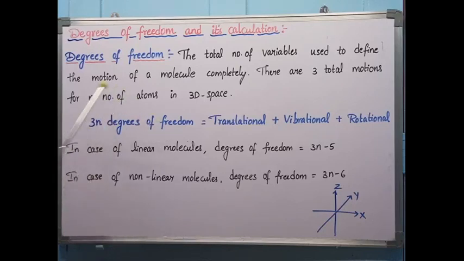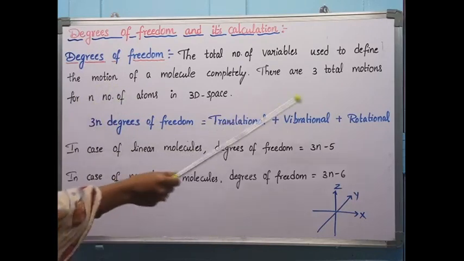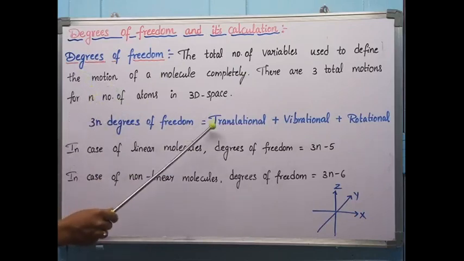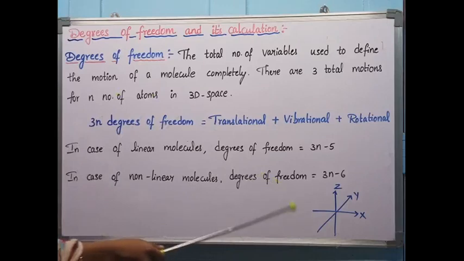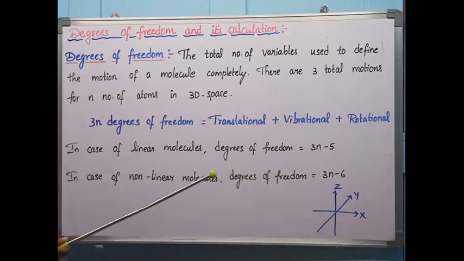So what are those 3 degrees of freedom here? There are 3 different motions we can observe here: translational, vibrational, and rotational motions. So when a molecule is moving, particularly in the 3D axis, it will have 3 different motions. Those 3 different motions are indicated with the number 3 in the degrees of freedom. So 3N indicates the degrees of freedom for any molecule. So how to calculate the degrees of freedom in different molecules?